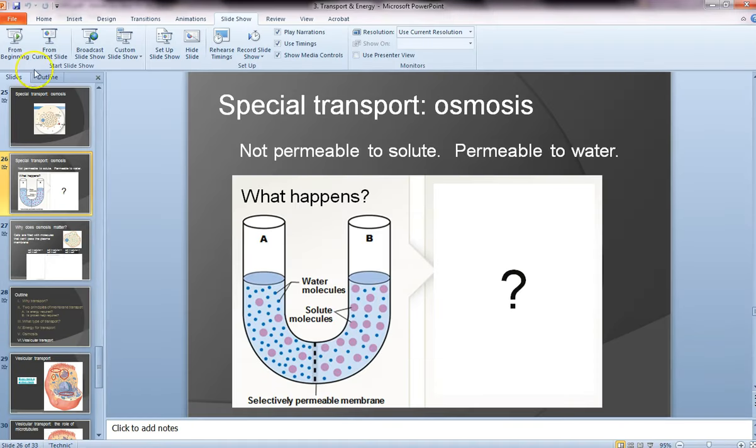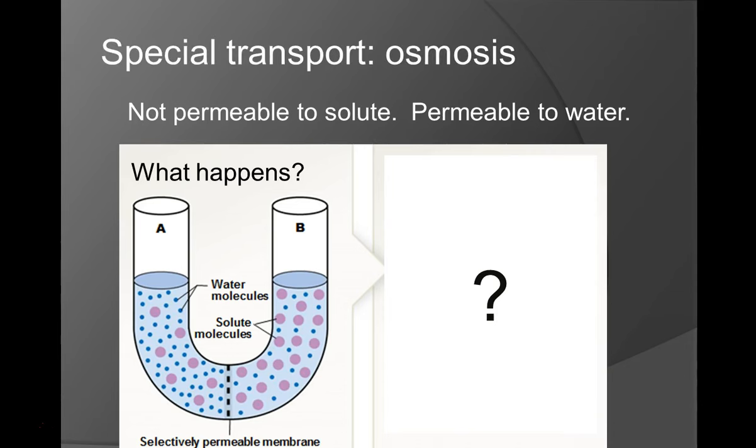So let's look at this problem here. Now let me help you interpret this image. So these dark blue dots are water, okay, and then the big pink dots are some sort of solute, sodium, glucose, could be anything.